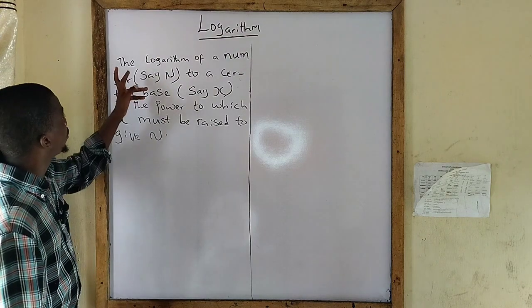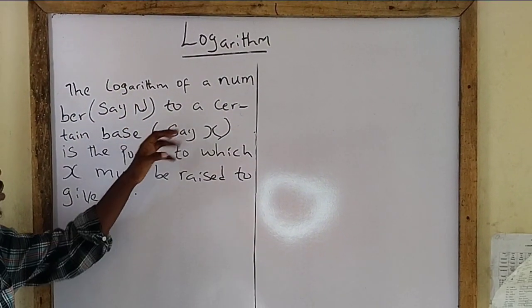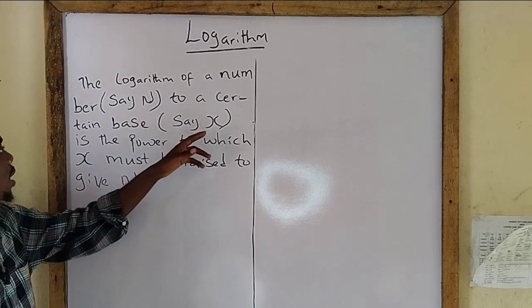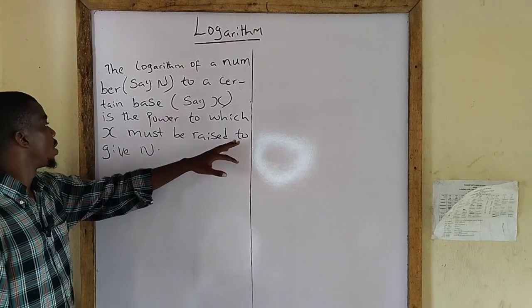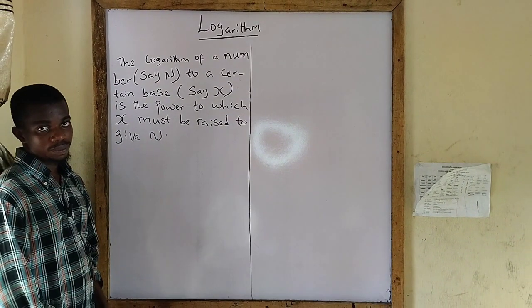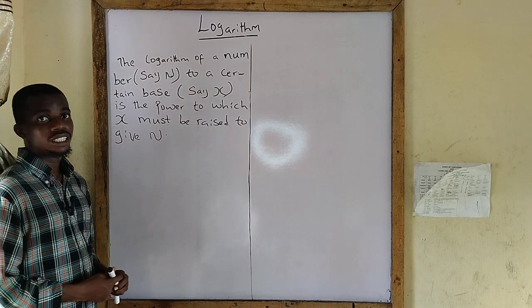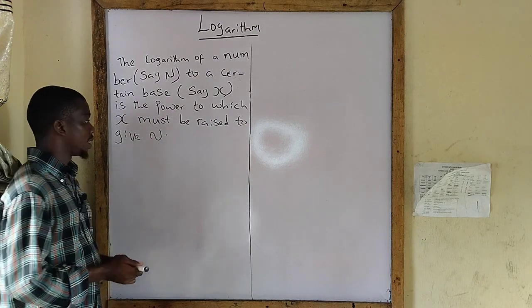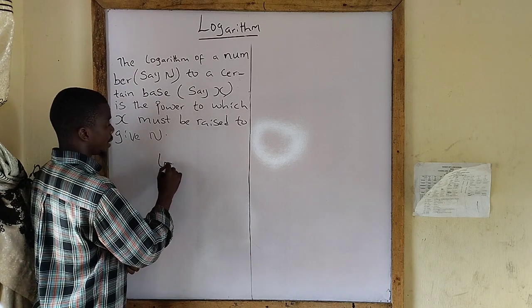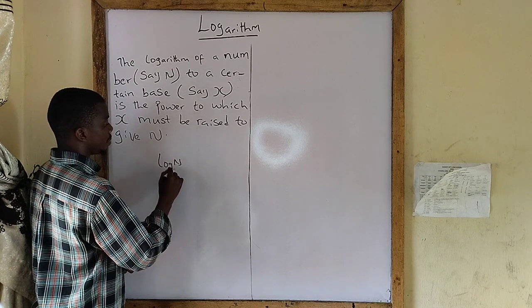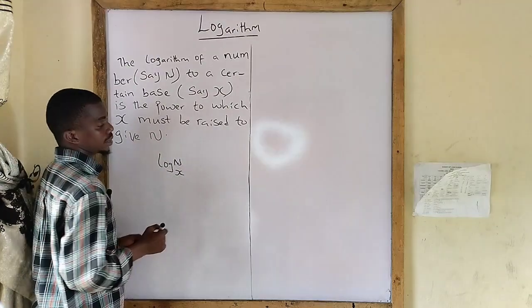The logarithm of a number, say n, to a certain base, say x, is the power to which x must be raised to give n. If we write this statement down in mathematical form, this means log n base x.